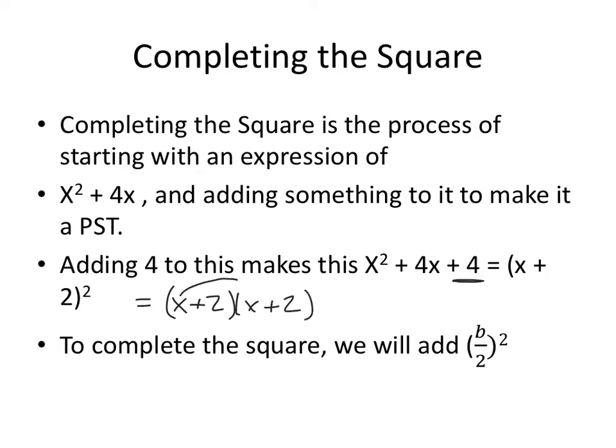When this is FOILed again, we have x squared, 2x and 2x gives you the 4x, and 2 times 2 gives you the 4. That positive tells me both signs must be positive. So to complete the square, we are going to add half of b, half of b squared.